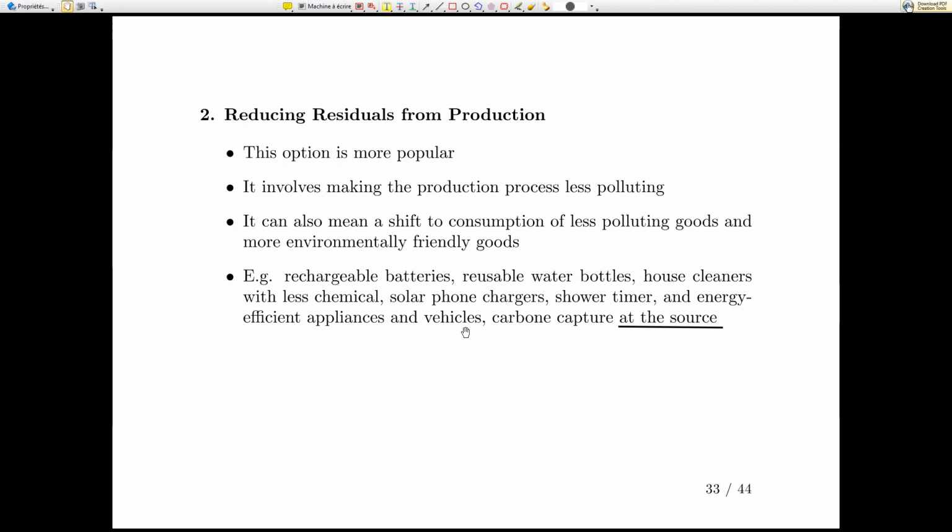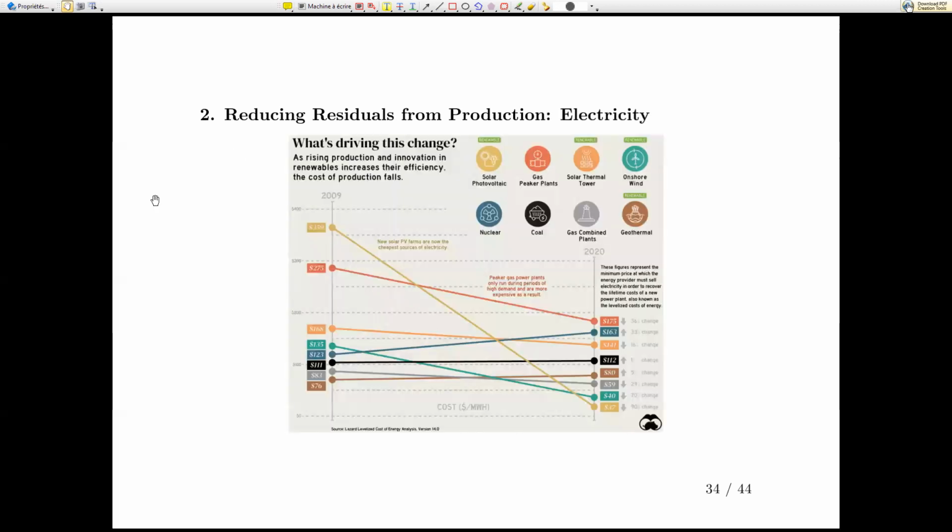Vehicle efficiency is a huge one. Today's vehicles are so much more energy efficient than they used to be. We didn't sacrifice cars, we just have cars that emit less CO2. And so people were saying, yeah, solar is becoming cheaper, and this is true.